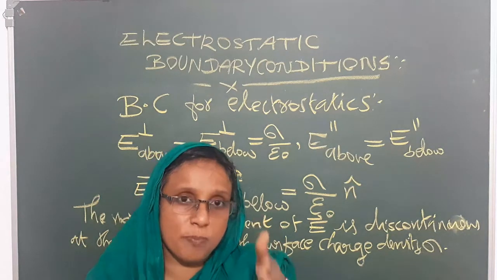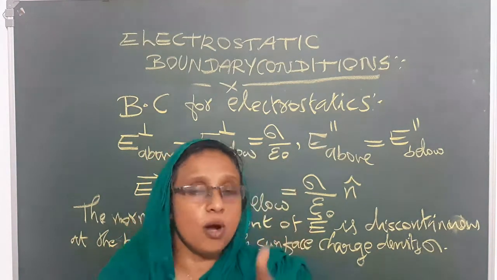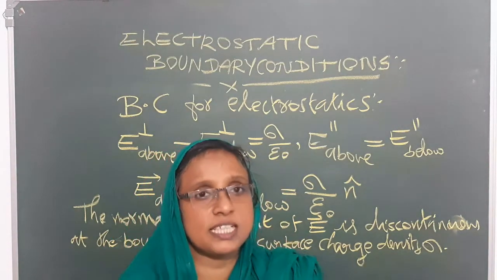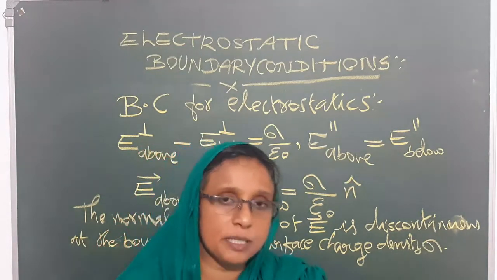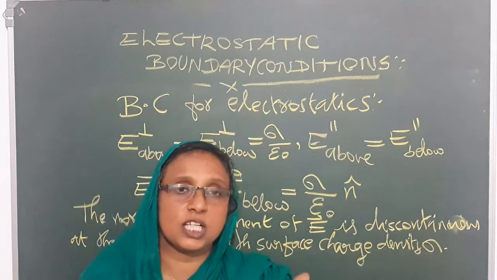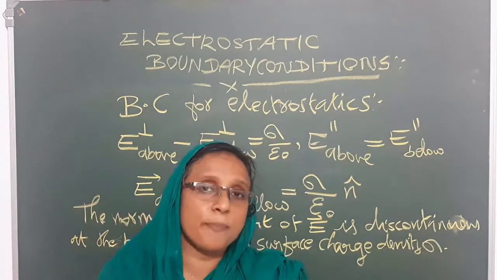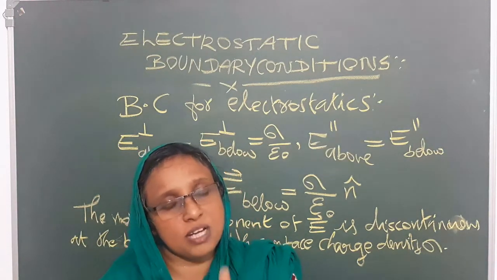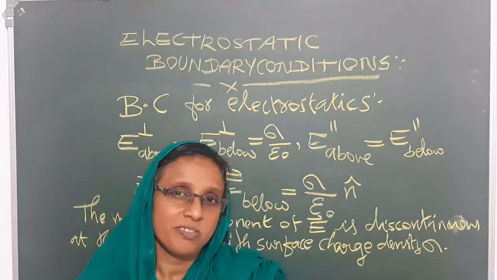Using this pillbox, we apply Gauss's law and found that the perpendicular component of the electric field is discontinuous if there is a surface charge density sigma. And in the case of the curl, del cross E, we find that the parallel component of the electric field is always continuous.